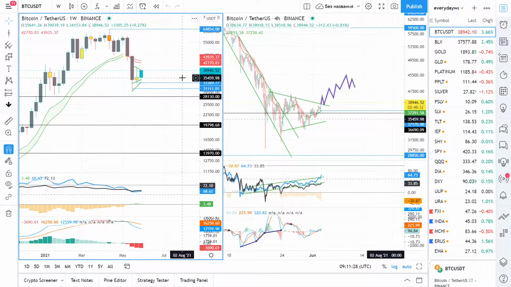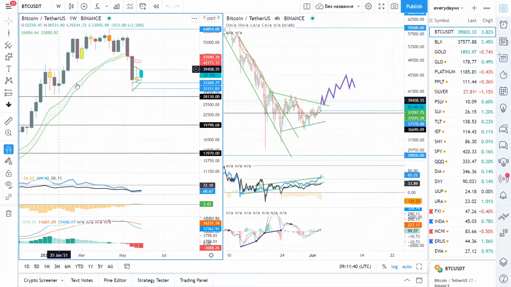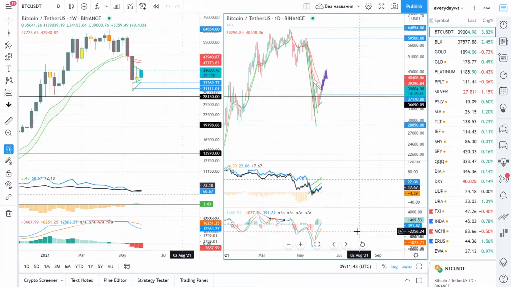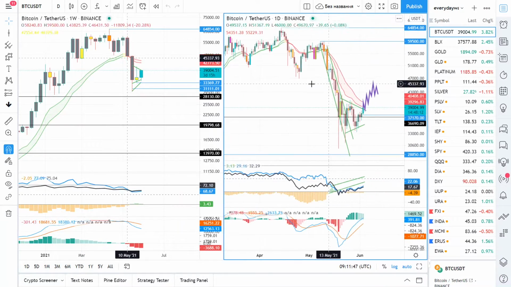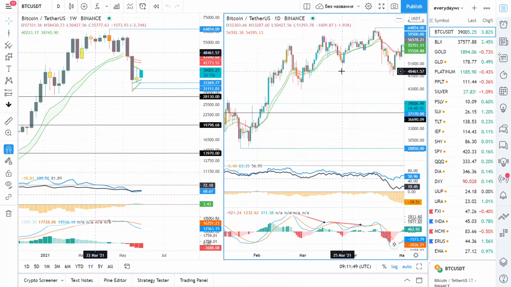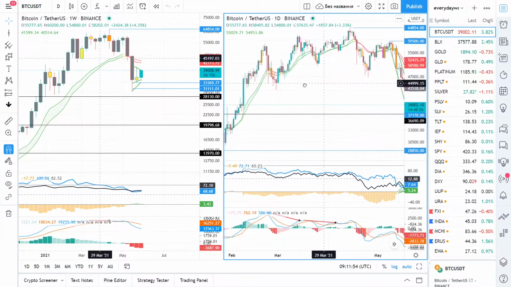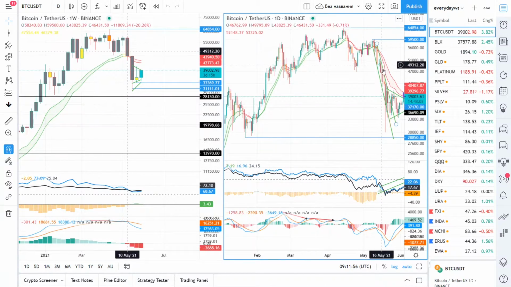And long term, I believe that we will ultimately have a rally to the upside in Bitcoin, because the rallies in Bitcoin don't tend to end like this, with divergence, with a round top.